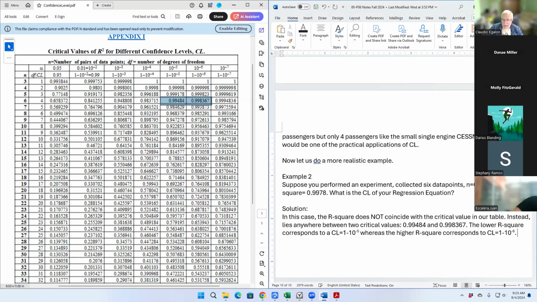Consequently, your actual CL lies somewhere between these two CL values.